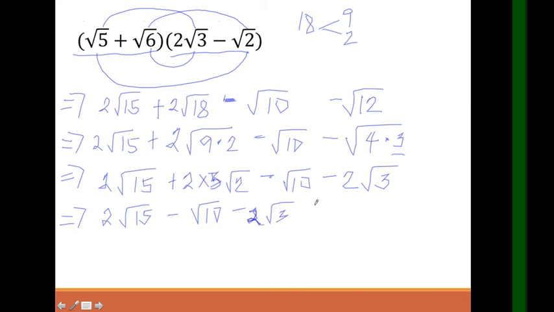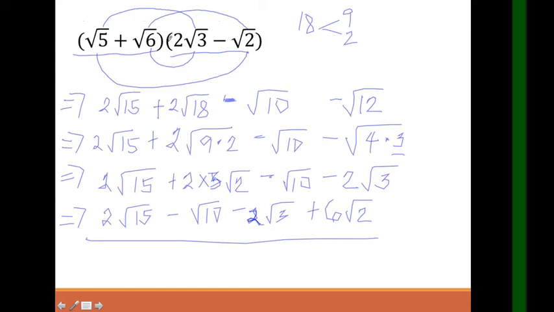And then plus 6 square root of 2. Okay? Since hindi sila pare-pareho ng kanilang mga radicals, hindi na natin sila masisimplify. So I think this is now our final answer for this particular example.